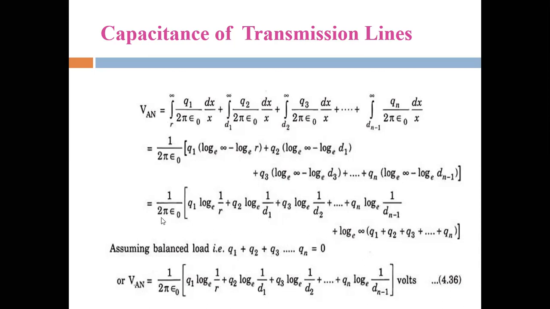Then simplify this equation, and we obtain 1 by 2 pi epsilon naught into Q1 log e 1 by R plus Q2 log e 1 by D1 plus Q3 log e 1 by D2 plus and so on Qn log e 1 by Dn minus 1.